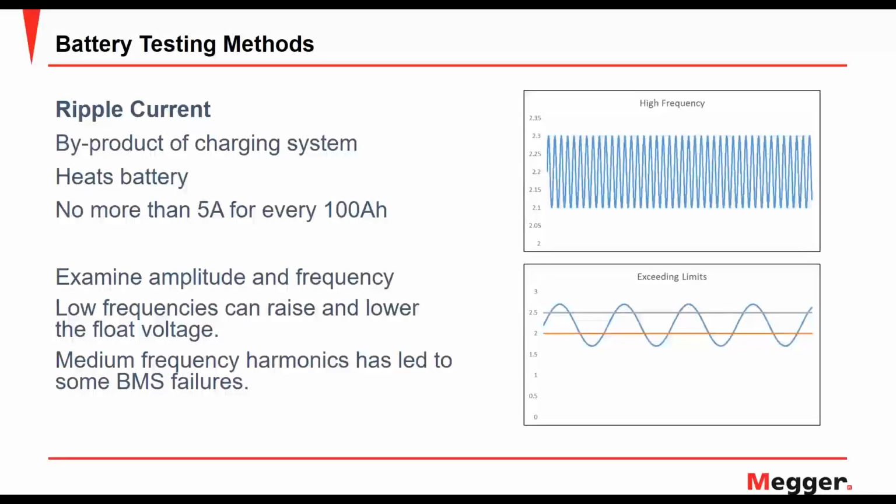High frequencies usually don't affect batteries too much, but in case you have lithium ion batteries with a battery management system, these high frequencies could lead to failure or damage to your battery management system. So in that case, it's really important to check your charger and make sure you don't have high frequency content in the ripple current.